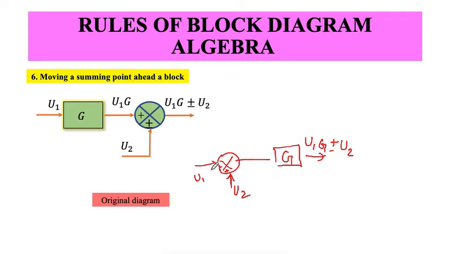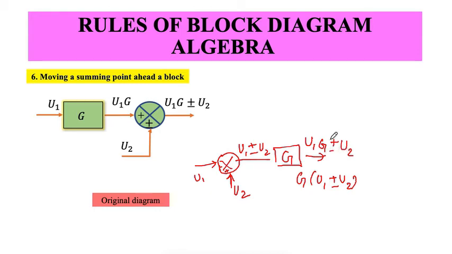Here I have u1, so my signal with this connection would be like this. This is u1, and I have u1 plus minus u2. And then what comes out here is g times u1 plus minus u2, but what I want is u1g plus minus u2.